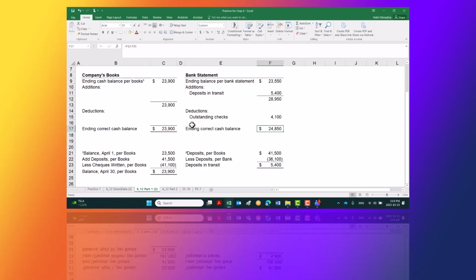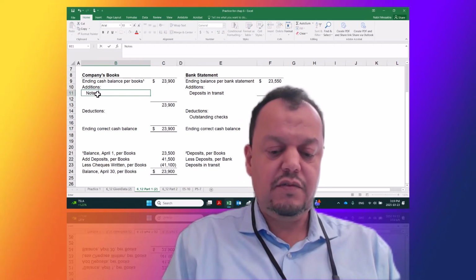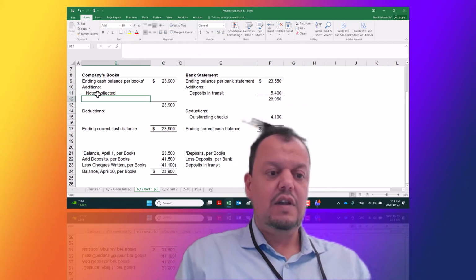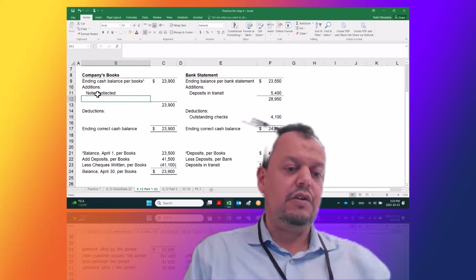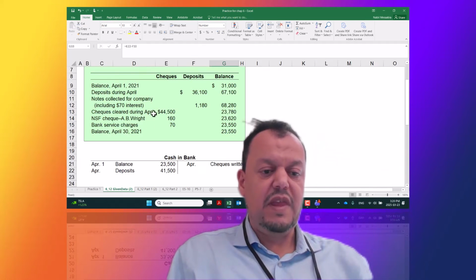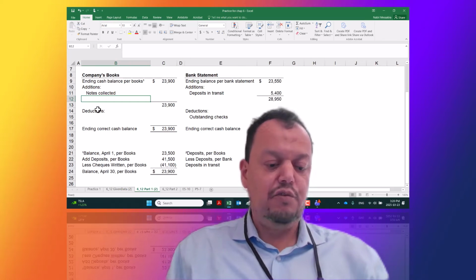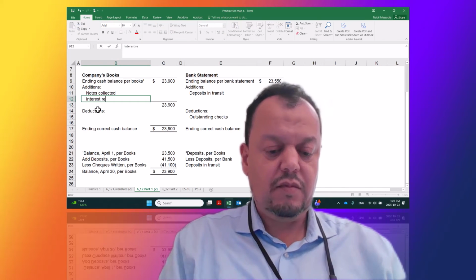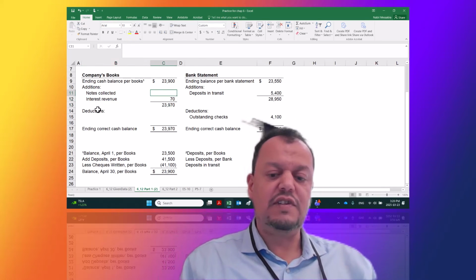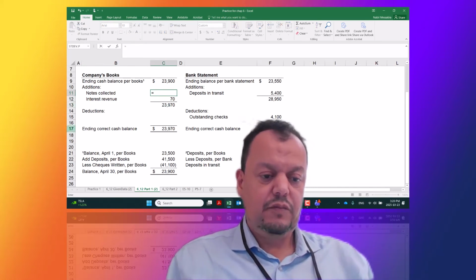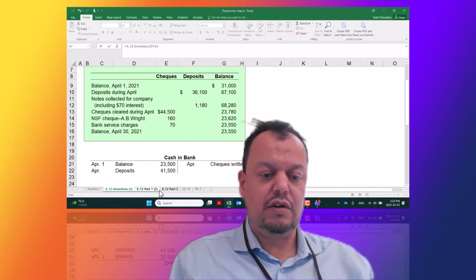So in the add list, we are going to add notes collected, and we also have to add the interest because it includes $70 of interest. So the interest revenue is $70 and the note is 1,180 minus the $70, right?